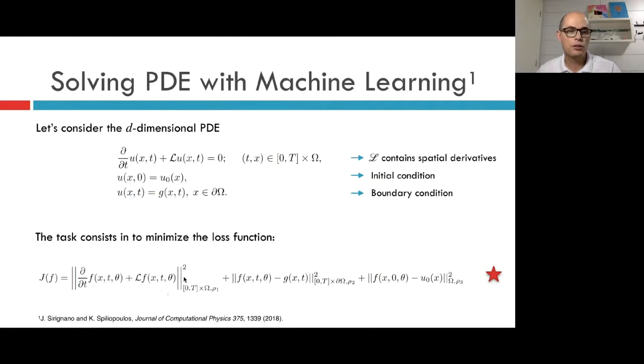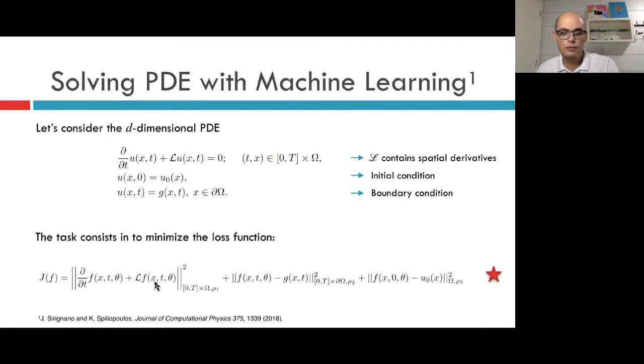Observe that this loss function is a sum of positive, quadratic terms, obtained through each of these equations, the first, the second, and the third one, with the difference that in the minimization process, we replace U, the solution of the partial differential equation, by another function f.